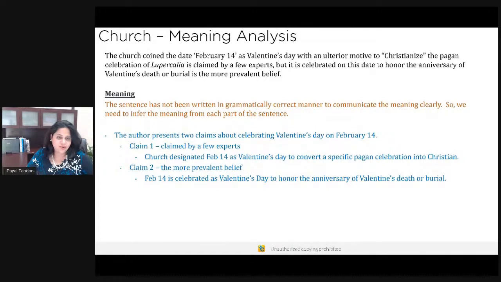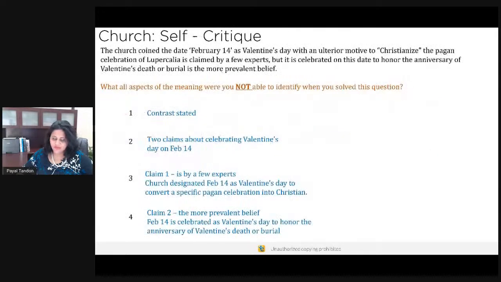meaning analysis. So go through this and read this over here. Okay, so now the author presents two claims about celebrating Valentine's Day. Claim one is claimed by a few experts, and claim two is the more prevalent belief, and the two beliefs have been stated.